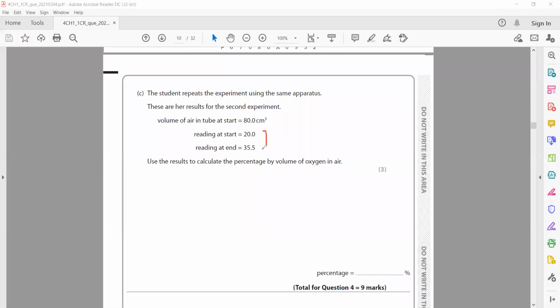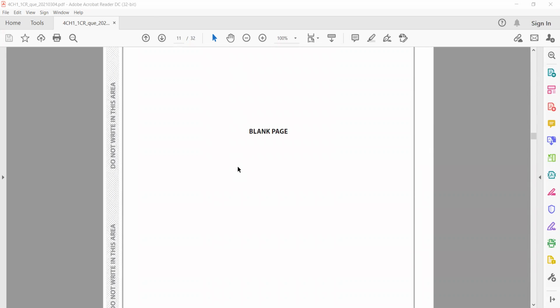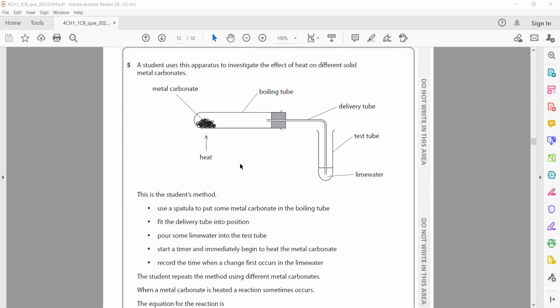So when we take the difference, it will be 15.5. So 15.5 is the volume of oxygen, divided by the total volume of air, times 100. This will give us about 19% oxygen present in air. Still, because some of the oxygen does not react, the percentage is on the lower side.